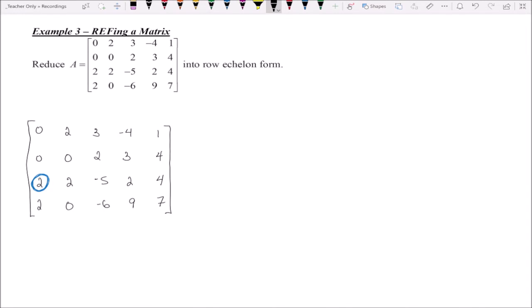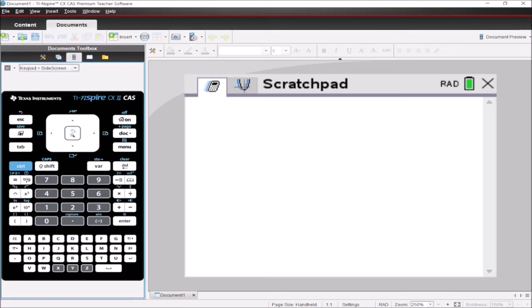That is not row 1. So what we want to do is swap row 1 with row 3. Here the calculator is going to make the bookkeeping a lot simpler. Let's come over to our calculator.